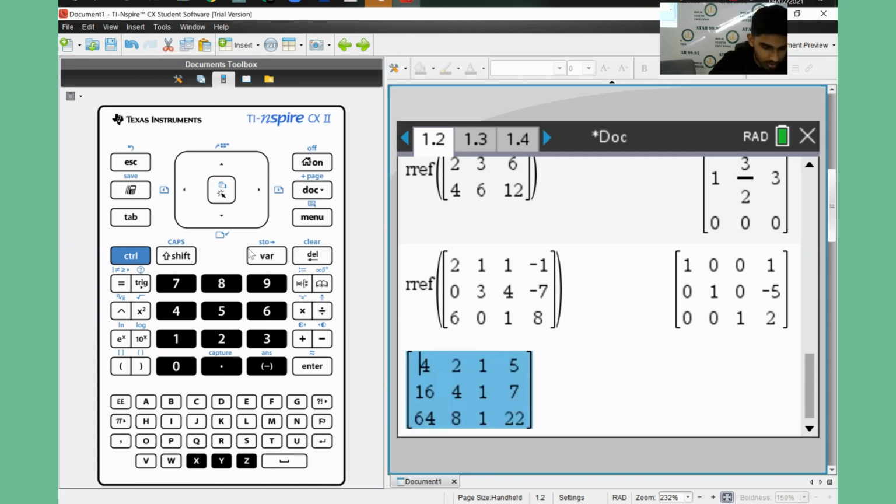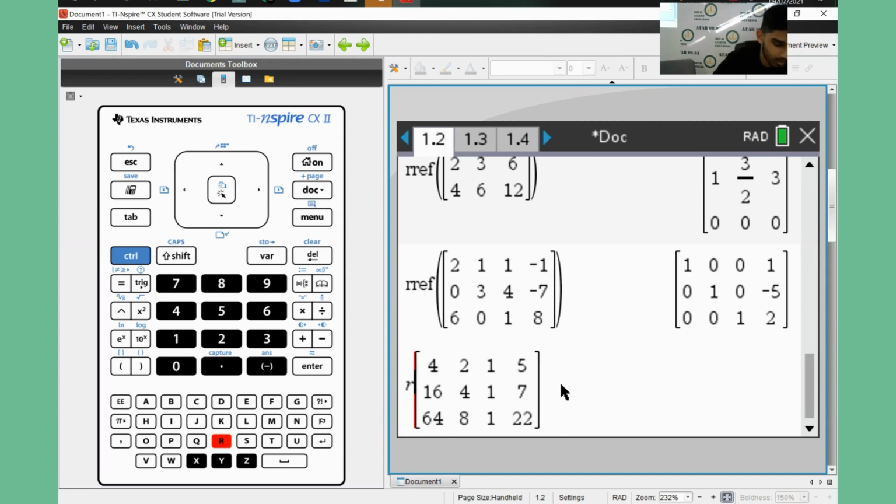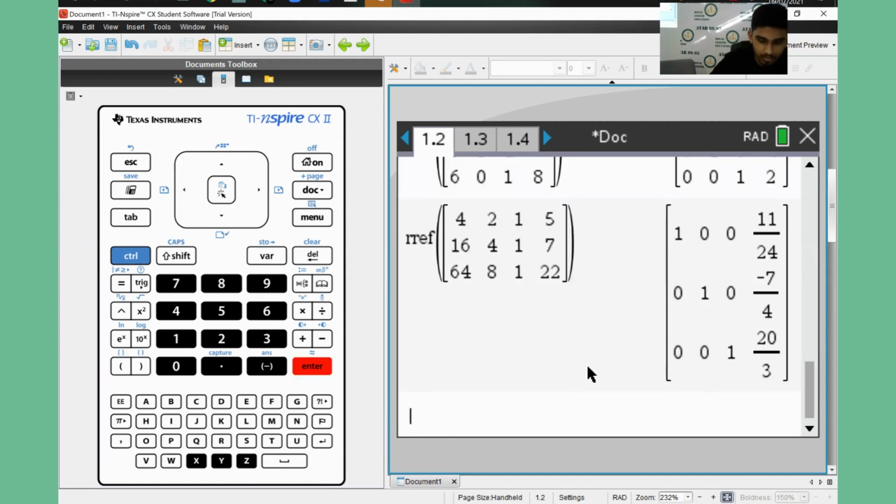So first I have to put double REF. So double REF, open bracket, enter. And we get our A, B, C. So we don't have solve, but double REF, please use it wisely.